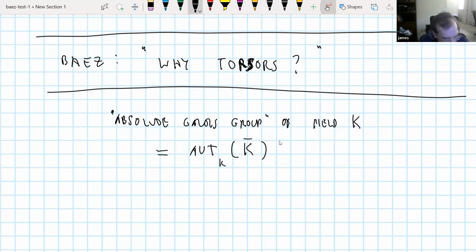But let's see. So for nice fields, this is the way that it works. And then there are generalizations that we're interested in. You mentioned more general fields where you have to worry about separable closure versus algebraic closure. And then there are things more general than fields, and we're interested in that too.